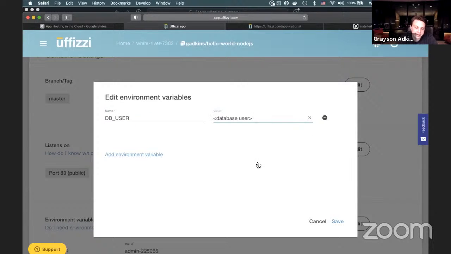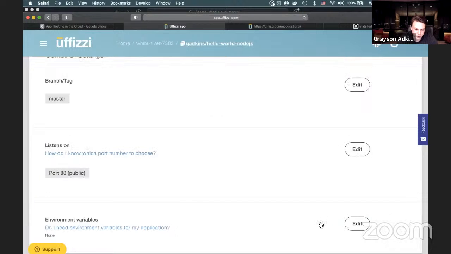So we'll pull that database's username or hostname, password, URL, etc., and we'll plug those values in for you. So it really makes it easy to connect your application to a database. There's no CLI you have to use. You just do it all through the GUI here.